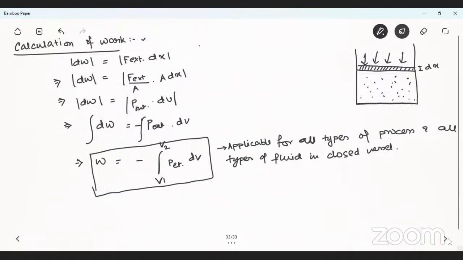Now, what will come in our exam? In your NEET or anything, they will ask, if this is the conclusion that we can draw: P external is equal to 0, free expansion, expansion will occur.